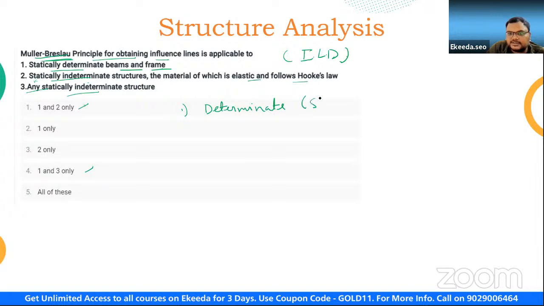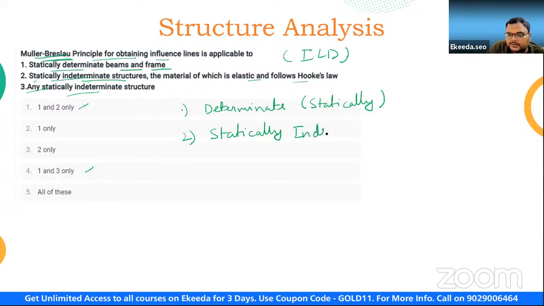So the first condition is it should be statically determinate. And if it is not statically determinate, and let us say it is statically indeterminate, it can be used for statically indeterminate structures as well.